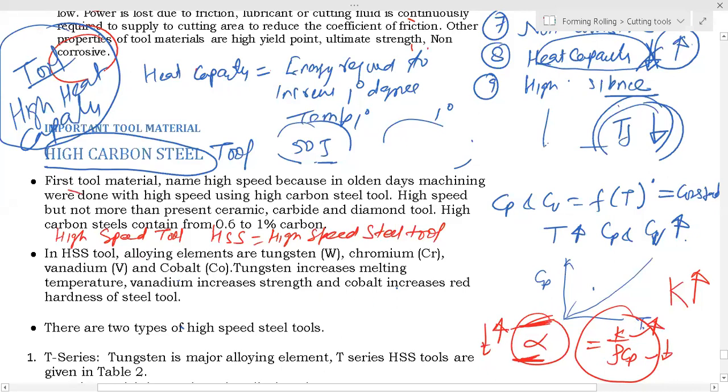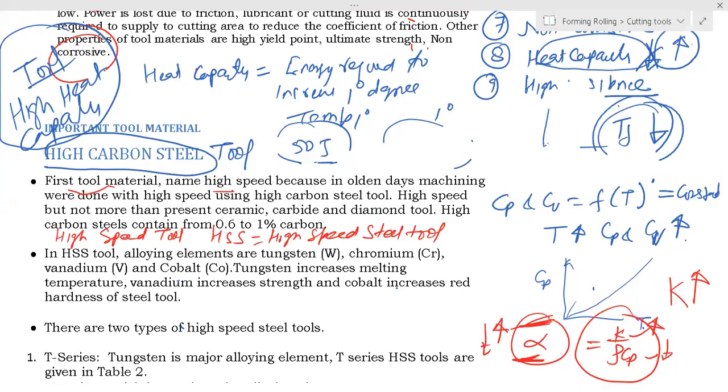So okay, first the tool material name. It is called high speed because high speed steel tool is the first invented tool material. Invented, I'm telling you again, the first invented tool material. About 100 or 80 years ago, using this tool, people were able to machine or cut material at very high speed, in olden days.